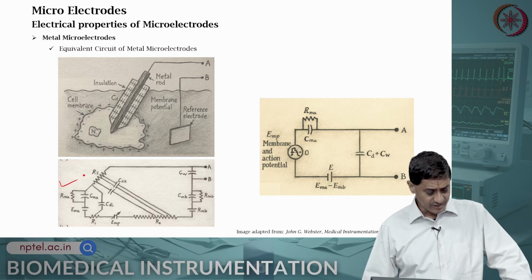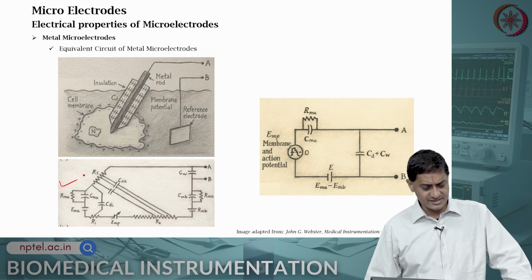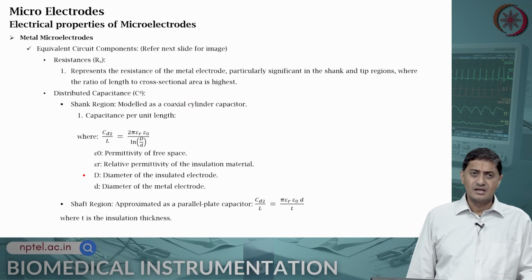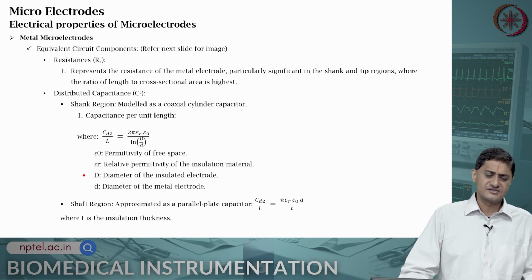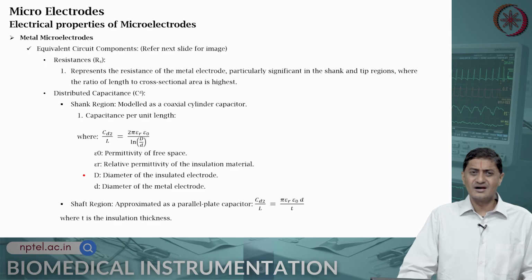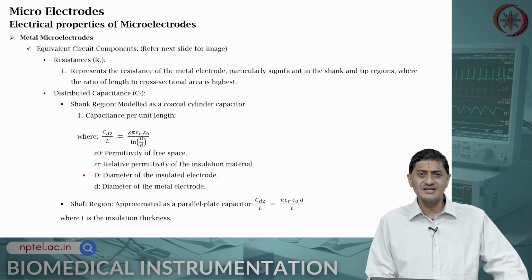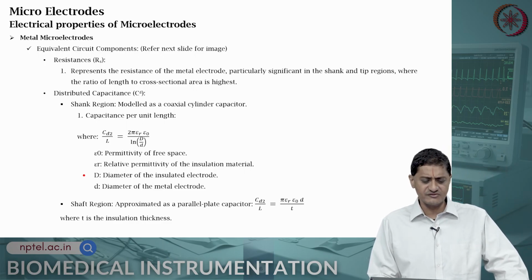Now, what are the various components of this equivalent circuit? First is resistance. Resistance Rs essentially represents the resistance of the microelectrode itself.